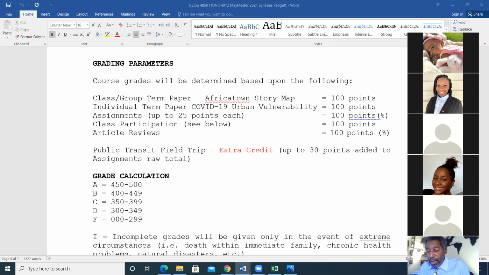So if they were to report as a person who had COVID-19, they would report wherever they were in their suburban area, not at the subway station.